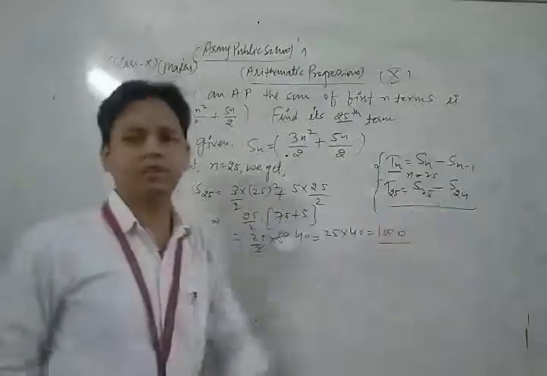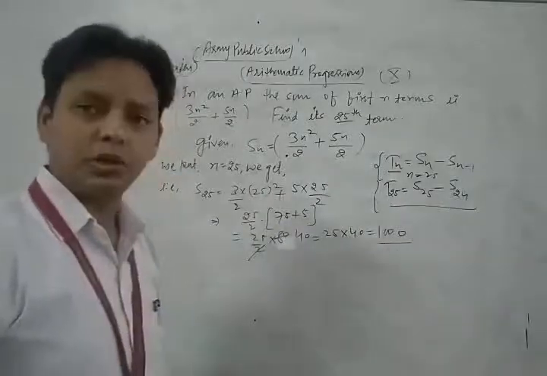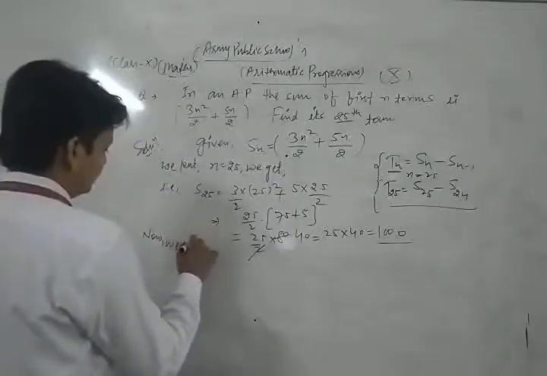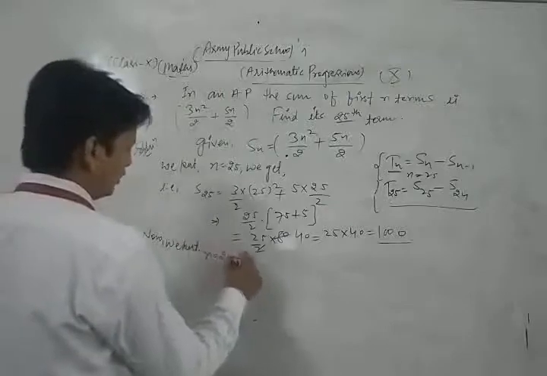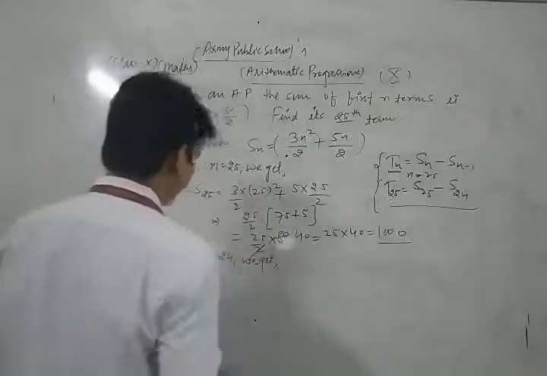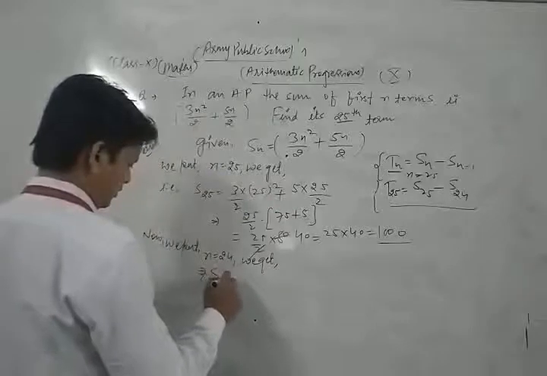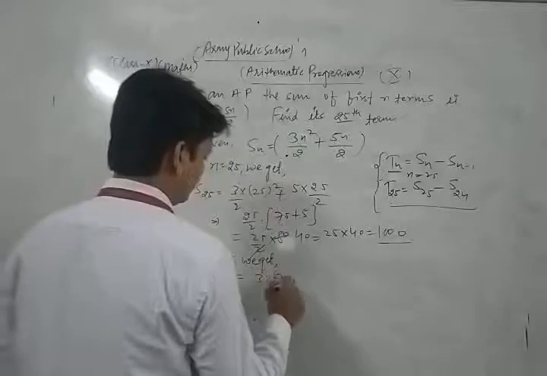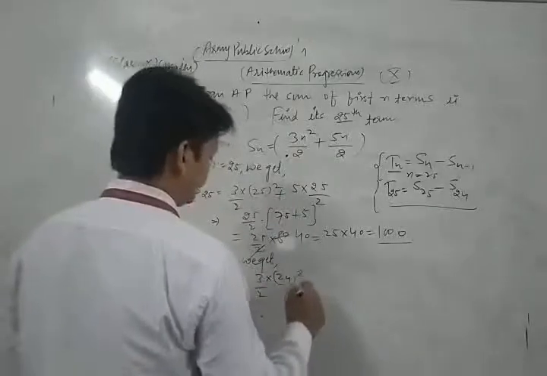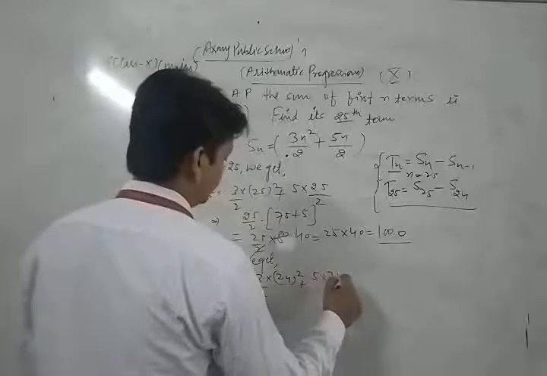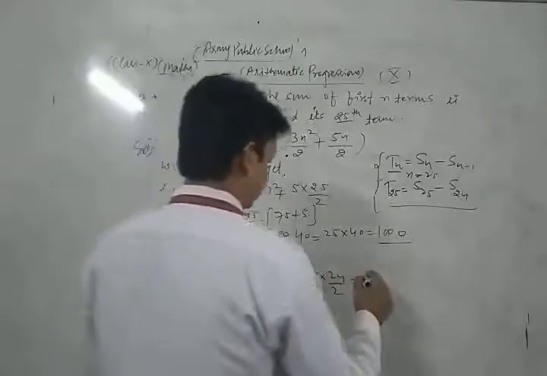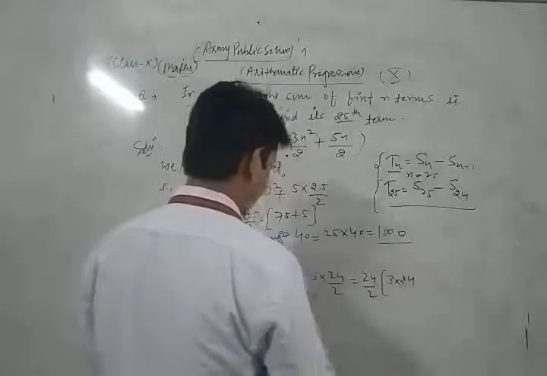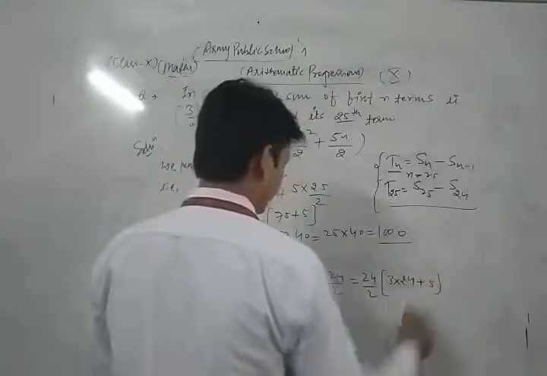Now we find the sum of 24 terms. For that we put n is equal to 24. We get S24 is equal to 3 into 24 square upon 2 plus 5 into 24 upon 2. Now we take 24 upon 2 as common, so we get 3 into 24 plus 5.